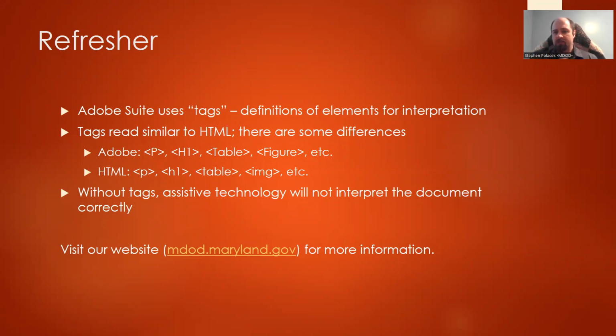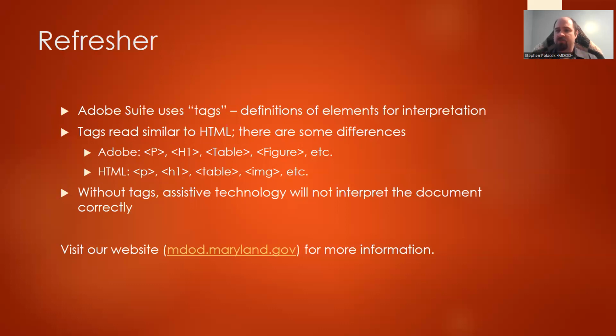Without tags, assistive technology cannot interpret the document correctly. While some of the more powerful screen readers, such as JAWS or NVDA, or some of the other control systems like Dragon, which you can use your voice to control the computer, they will make their best effort, and Adobe Acrobat will try and reciprocate.